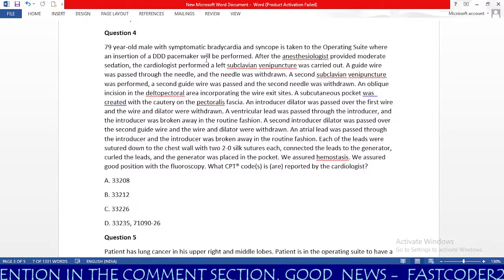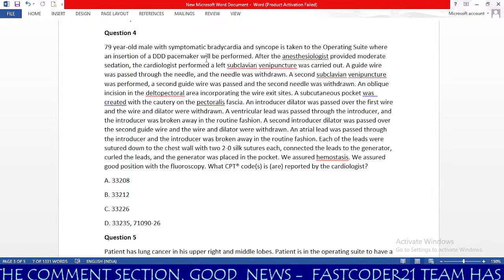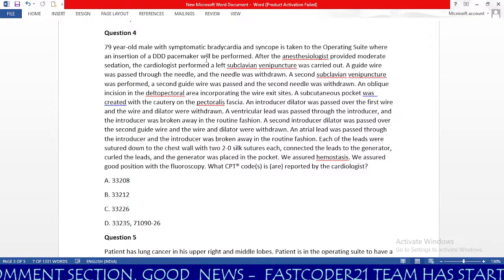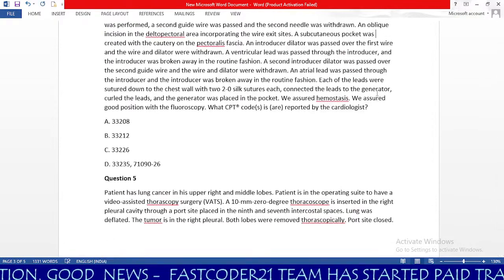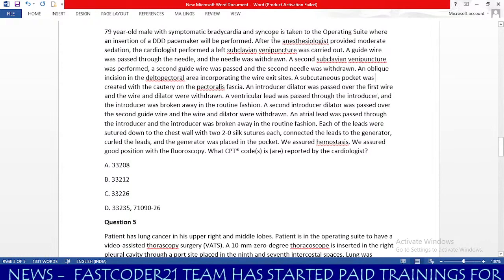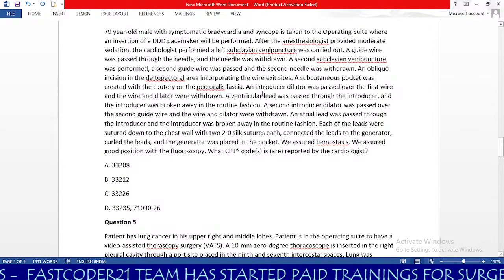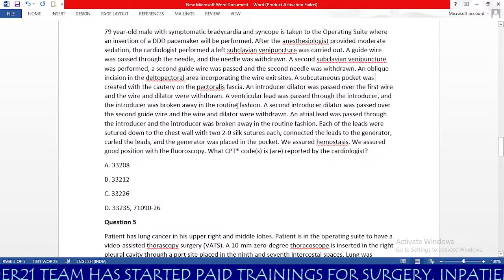An oblique incision in the deltopectoral area incorporating the wire exit site. A subcutaneous pocket was created with the cautery and the pectoralis fascia. An introducer dilator was passed over the first wire and the wire and dilator were withdrawn.